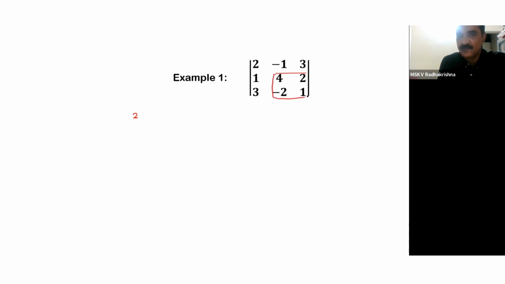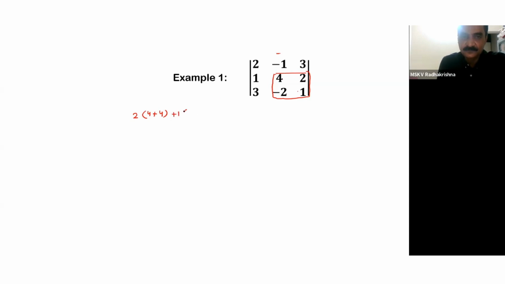What is this determinant? 4 into 1, 4, minus 2 into 2, minus 4. Minus of minus 4 is plus 4. And for the second element, we have to take minus sign. So minus of minus becomes plus.